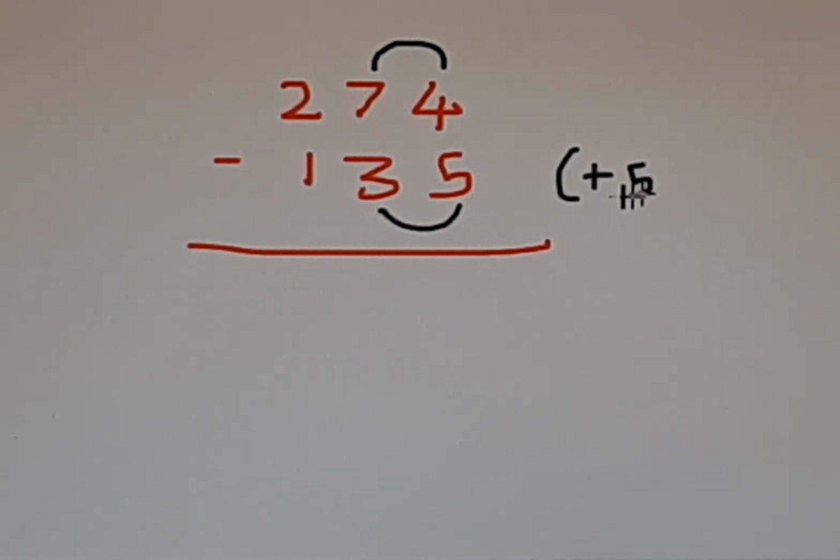And same 5 you have to add with the higher number, right? So what will be the answer? 135 plus 5 is 140. And 274 plus 5 is 279.